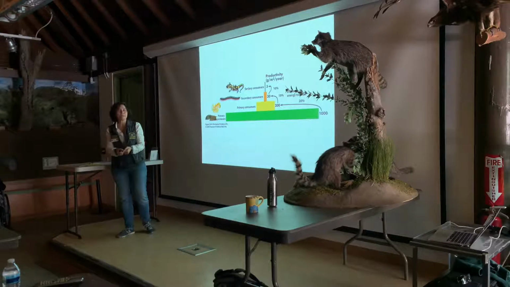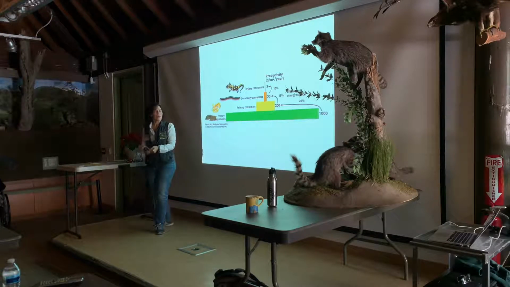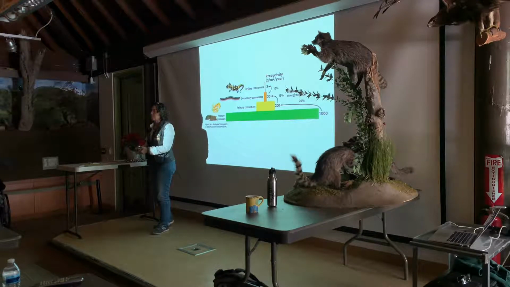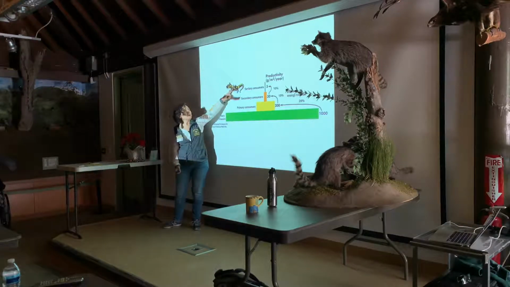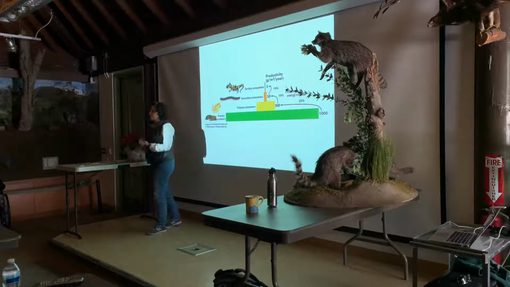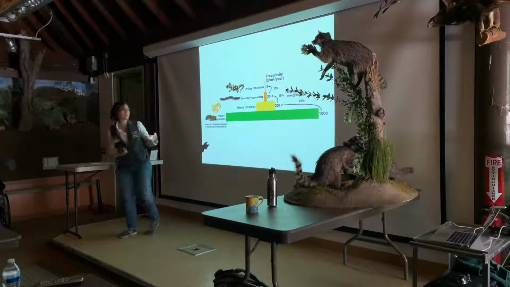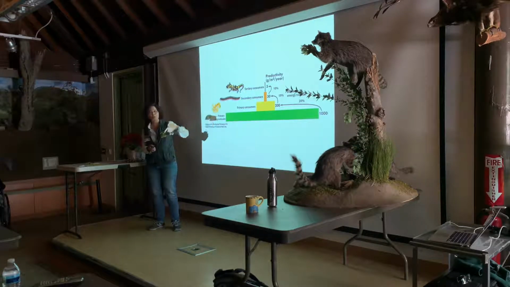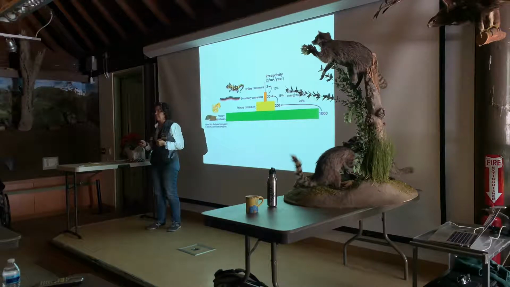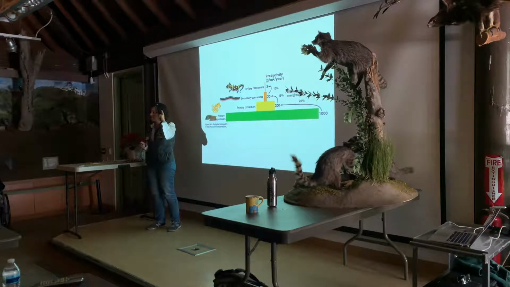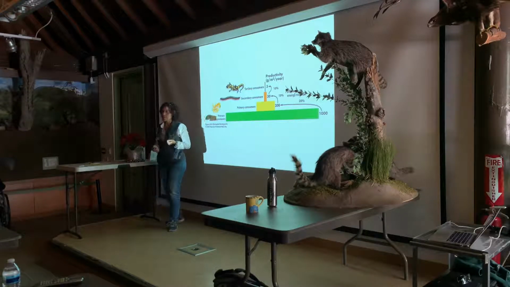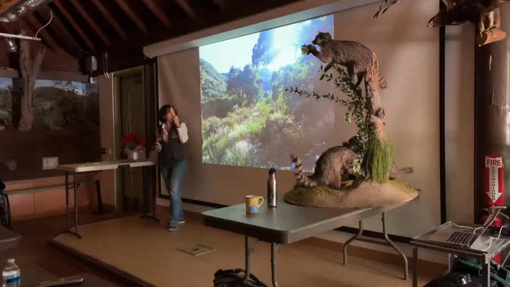Right? So it takes a lot of plants to support one tertiary consumer. And it takes fewer plants to support one herbivore. So that's just something to think about, the energy relationships in living systems.